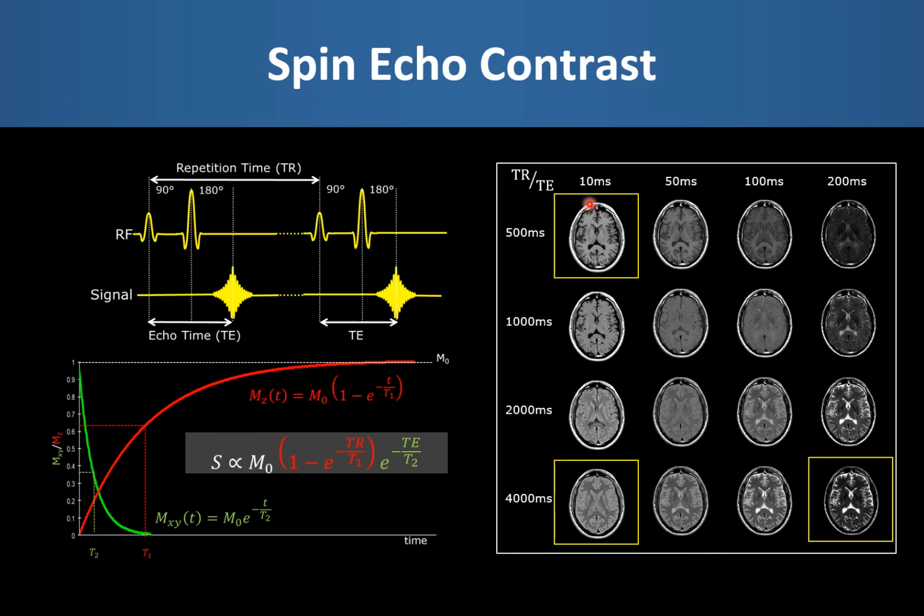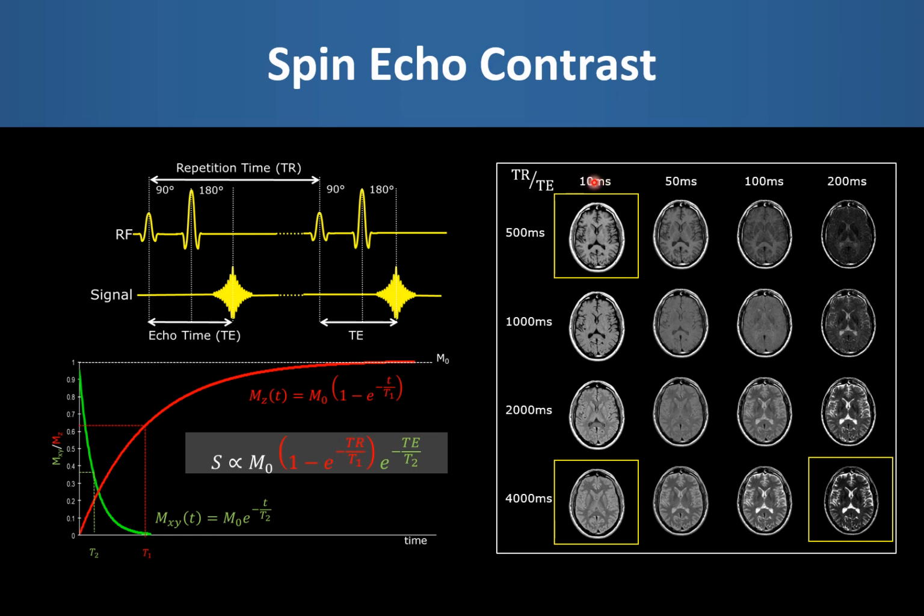If we increase the repetition time down here, then we are reducing the T1 contrast, and we're starting to be in a position whereby the magnetization has recovered back to equilibrium. Essentially, the signal differences now represent the proton densities of different tissues.